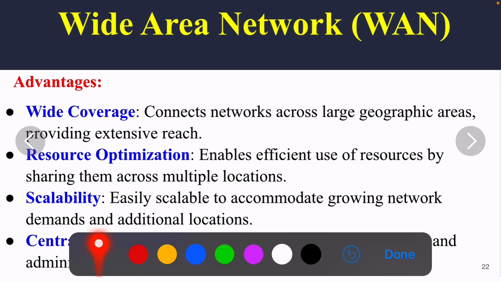And a lot of applications exchange messages. With the help of IoT and new LAN technologies, messages are transferred faster. Then we can share multiple softwares. Then next is scalability. It is easily scalable to accommodate growing network demands and additional locations.